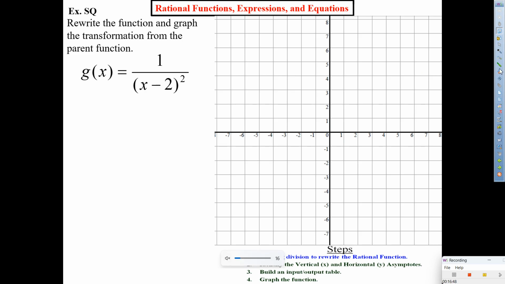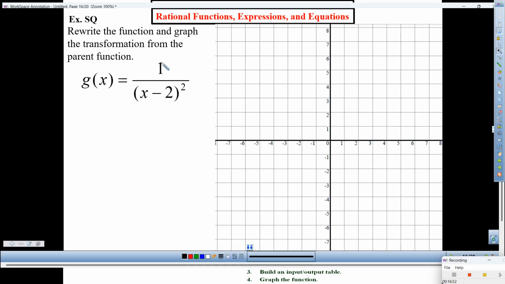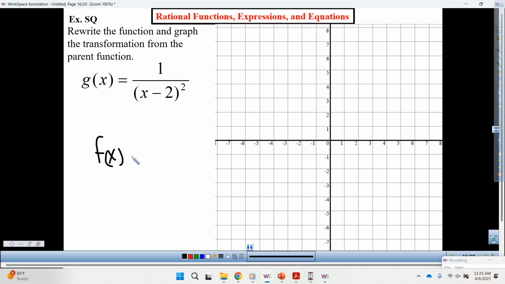All right, here we go. First things first, look up. You look at it and you're like, what is the parent function? The parent function is 1 over x. Is that correct? No. This one has a what? So we would write squared.